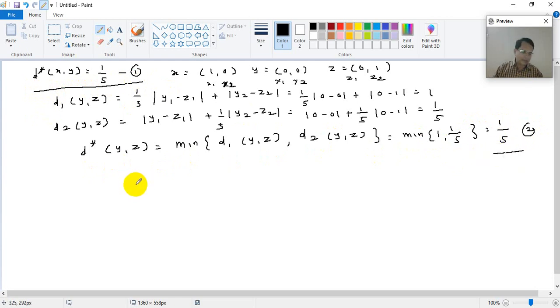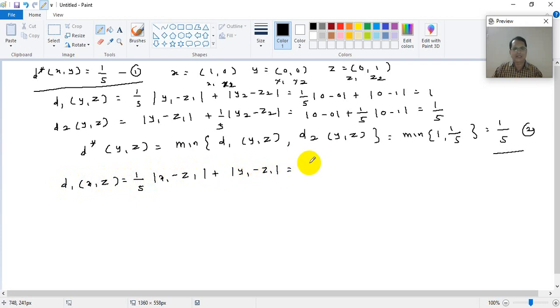Now you calculate d star xz. Right, so for that we will consider what is d1 xz. d1 xz will be what? It will be 1/5 mod of x1 minus z1 plus mod of y1 minus z1.